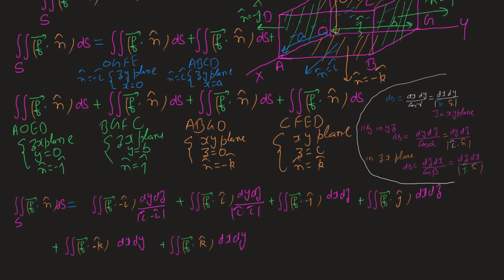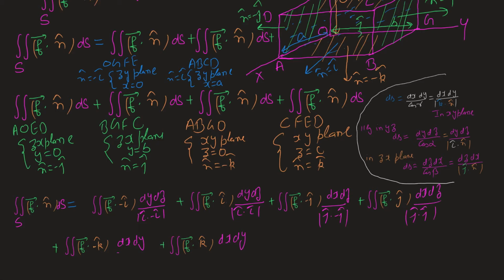Similarly for yz, it will be i cap dot n cap is i cap, and for the xz plane, where is that? This is the xz plane. It is j dot n cap, j will be there for xz. What is n cap over here? Over this, it is minus j cap. This will be minus j cap, and here will be j dot j.